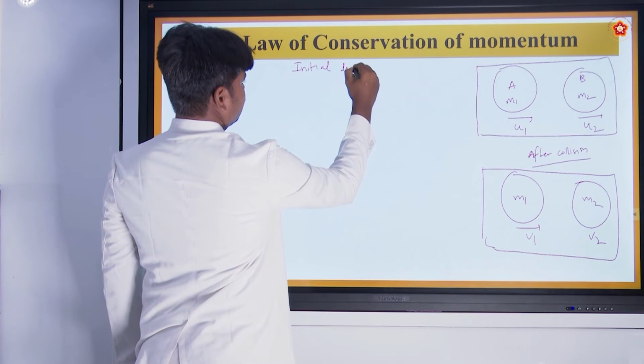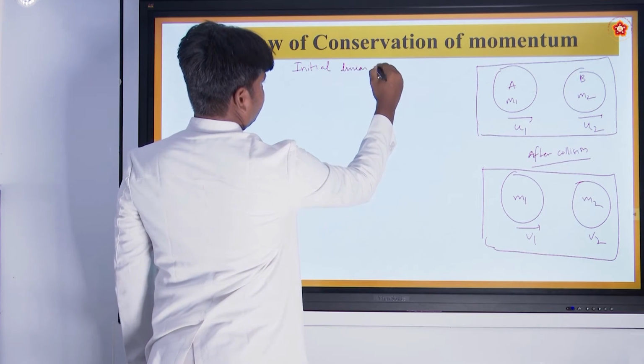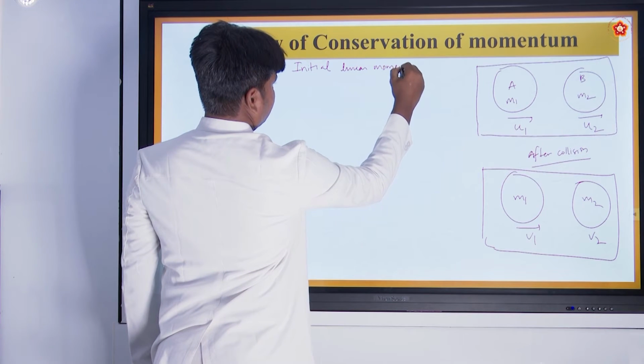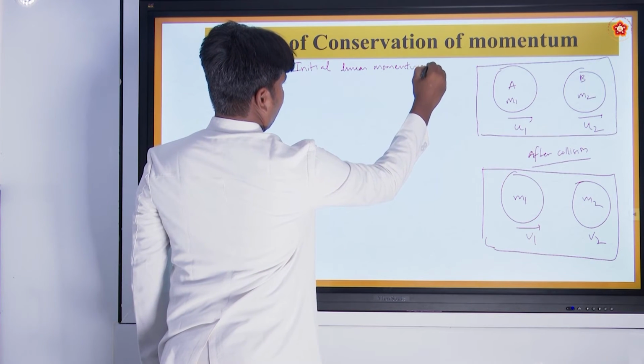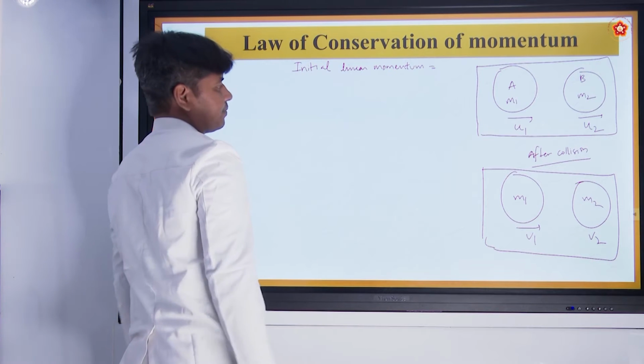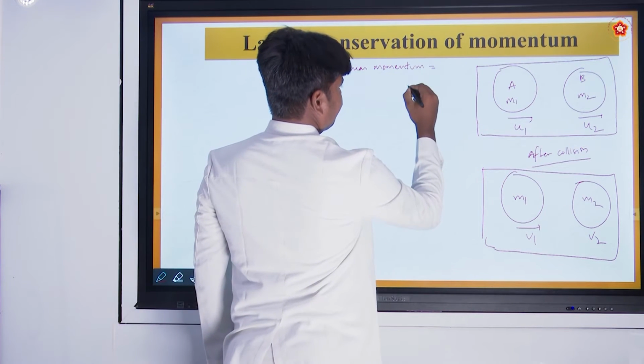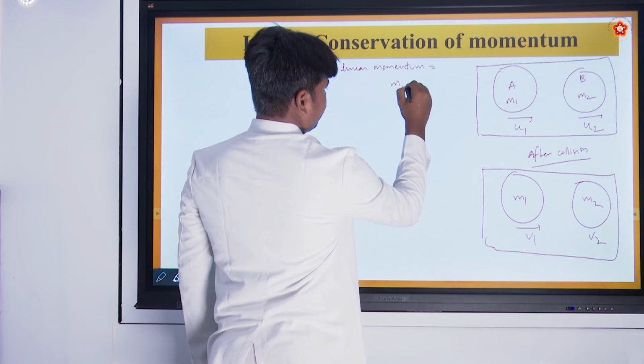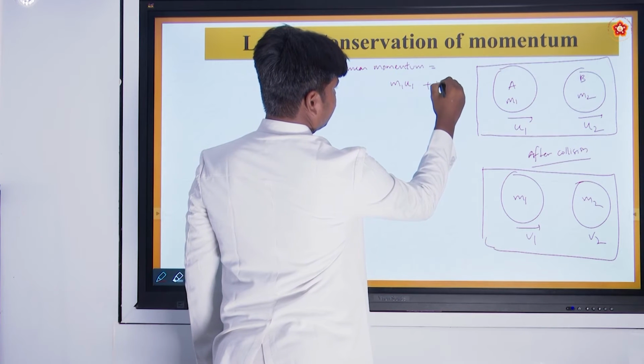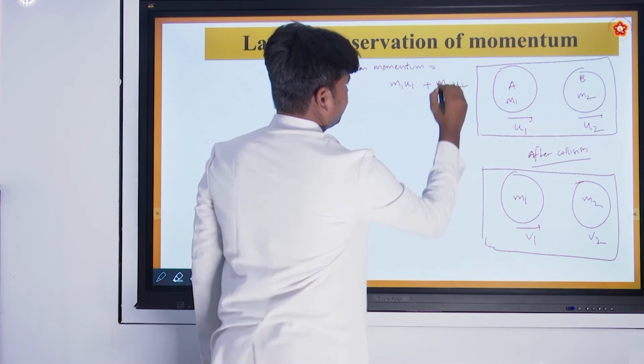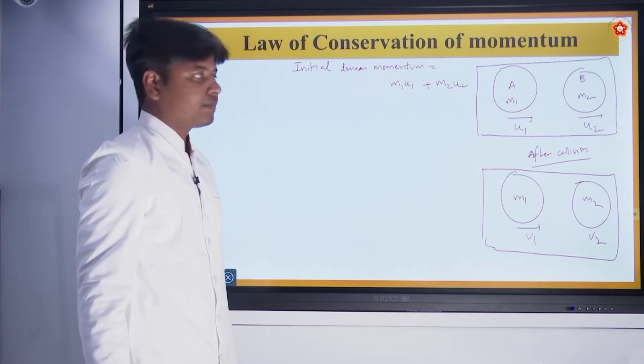Initial linear momentum of the system is what? m1 u1 plus m2 u2, right?